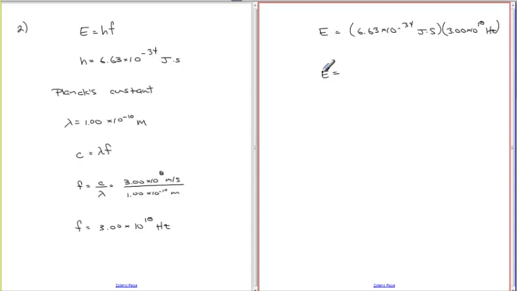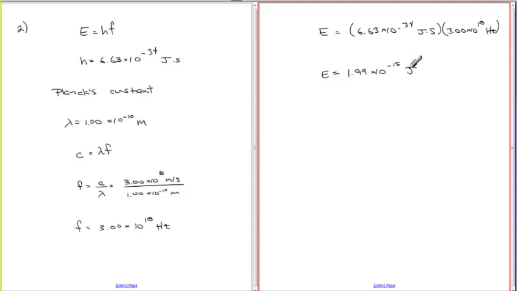Apparently I have typed in something wrong. I think I used minus instead of negative. So we get 1.99 times 10 to the minus 15th joules.